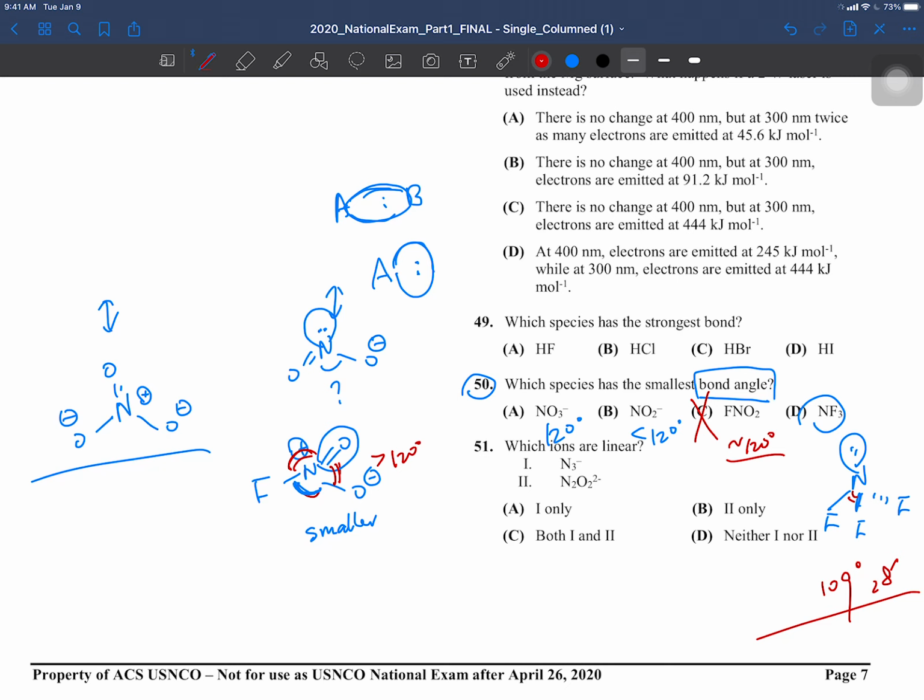That is a perfect tetrahedral. But similarly, there is a lone pair which squeezes the other three bonds, right? Which will make it smaller than 109.5. So I think we have enough reason to choose D as the answer, right?